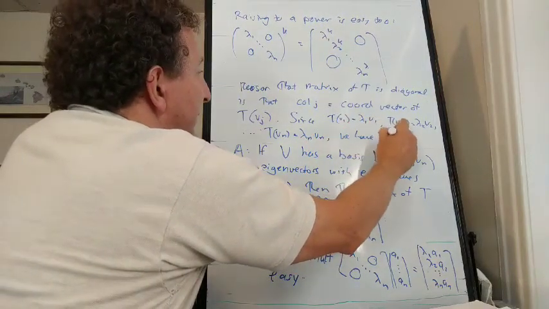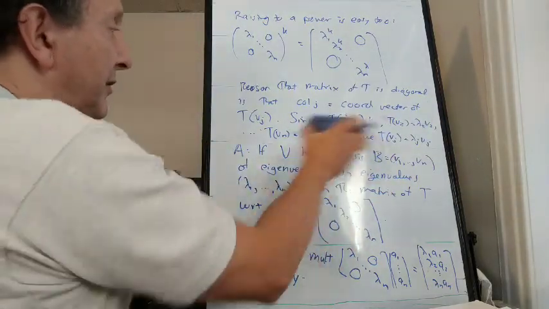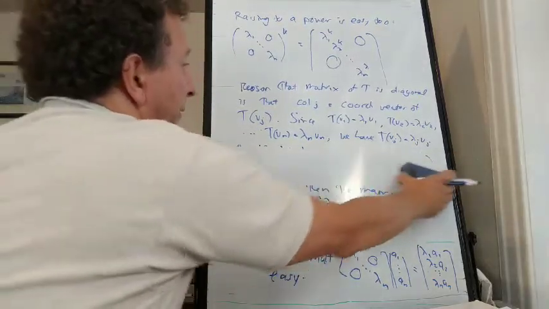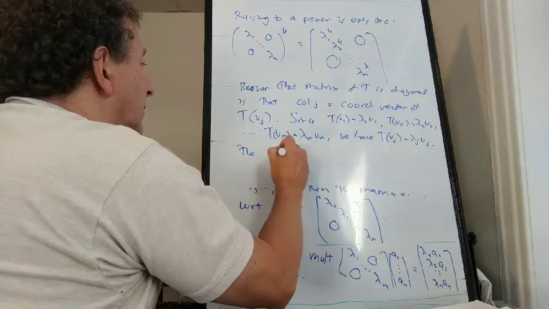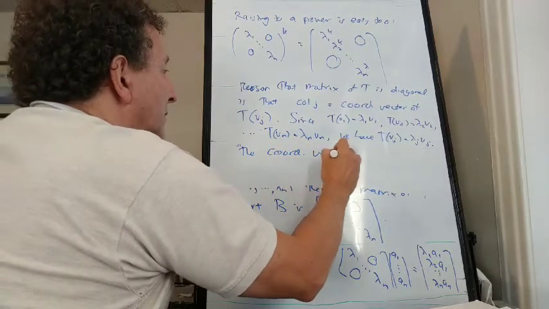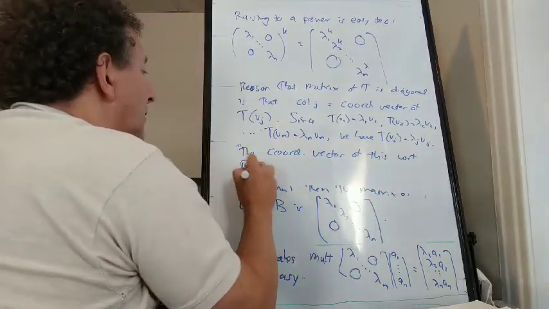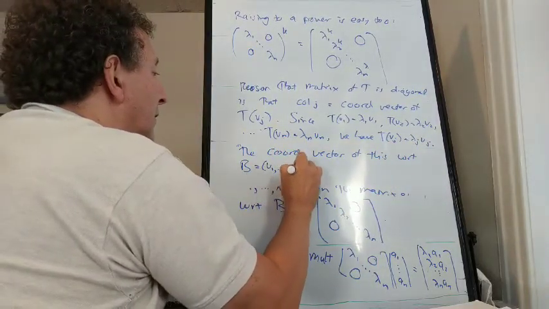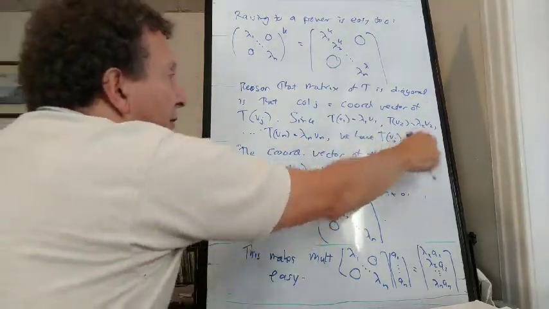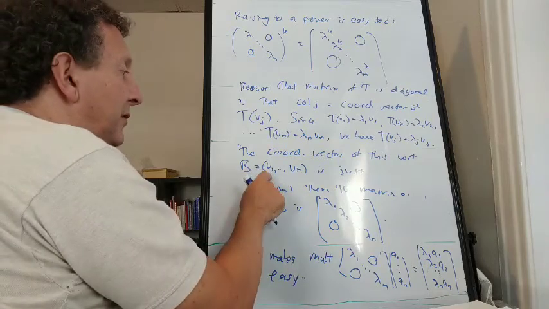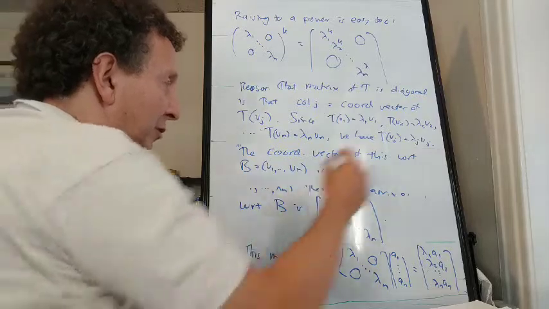We have that T of vj equals lambda j vj, and then the coordinate vector of this with respect to the basis B is just 0 times v1 plus 0 times v2, etc., lambda j times vj, and then 0 times everyone else.